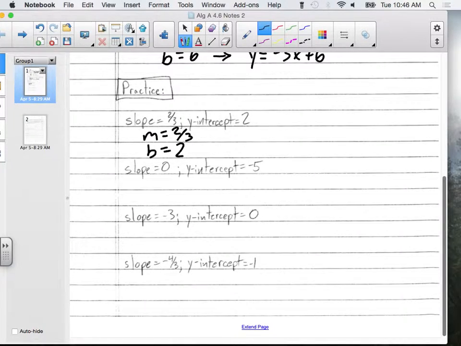So then we write an equation for it, so it would be y equals what? 2/3 x plus 2. So we have our slope, our m, goes right in front of our x, then we have our b, our y-intercept, and it goes at the end of it. So for the next three, you should have your m, your b, and then write an equation from those.